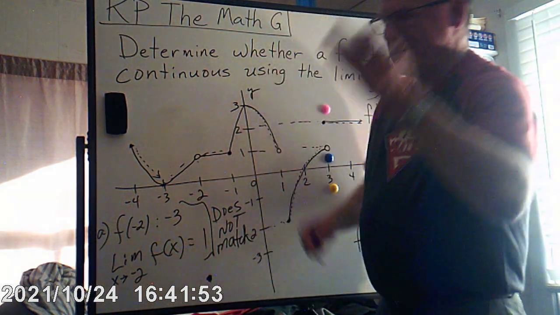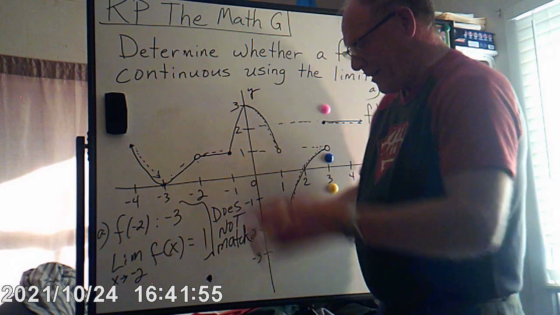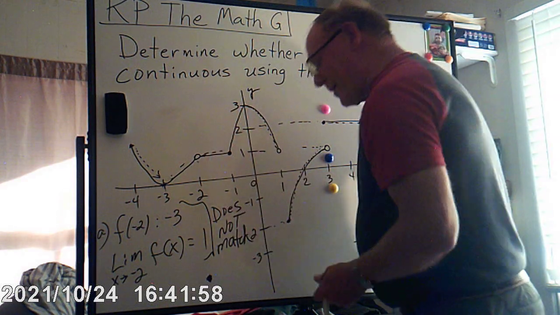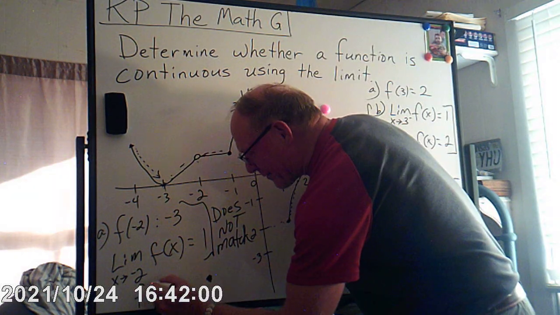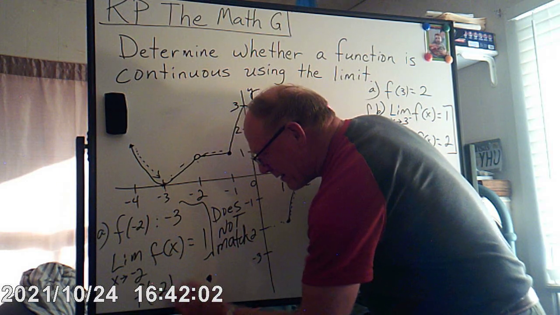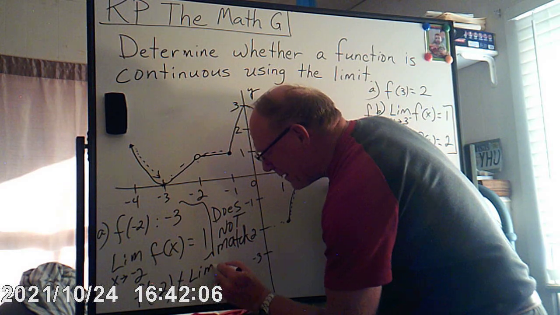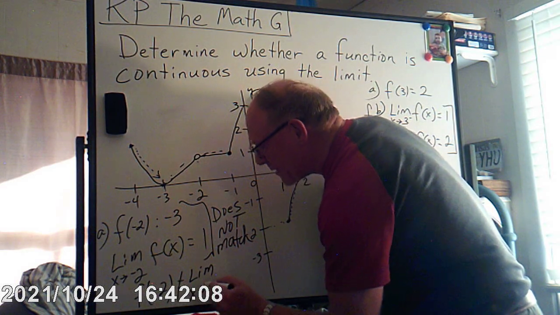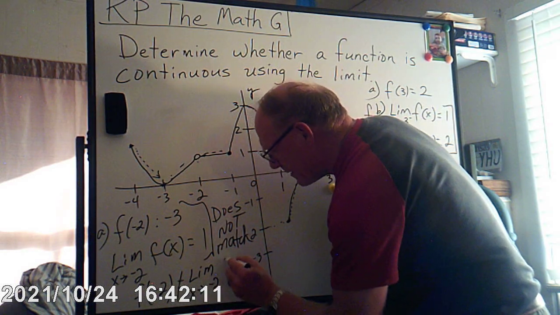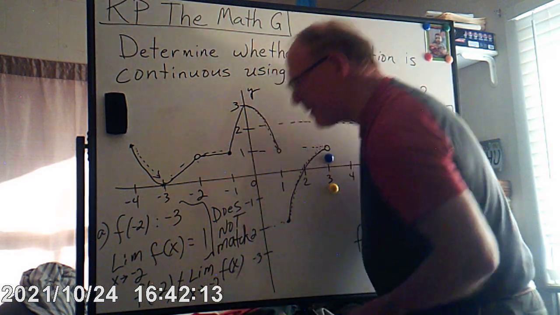Number 3 is gone. Even though number 1 is good and number 2 is good, number 3 is not, because f at -2 is not equal to the limit as x approaches -2 of f of x.